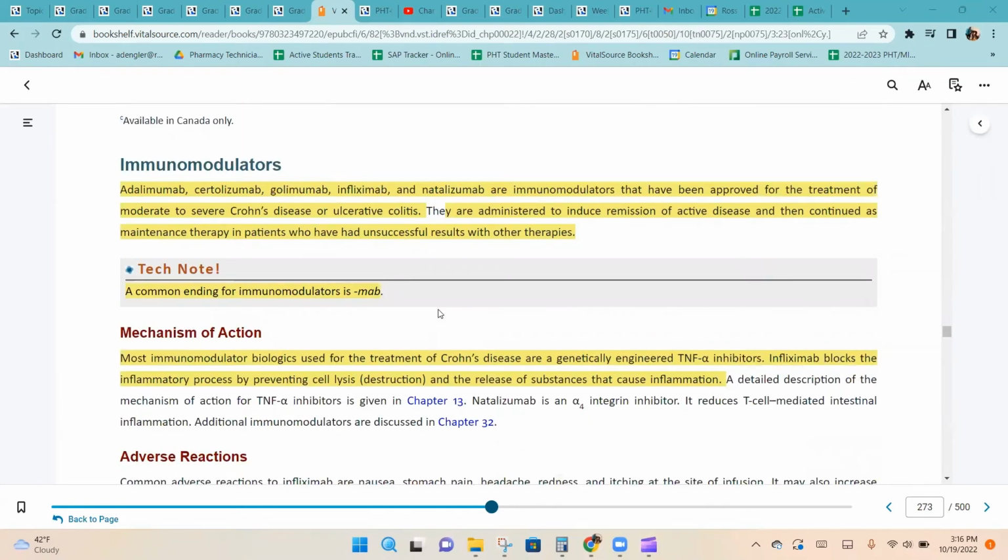Adalimumab, certolizumab, golimumab, infliximab, and natalizumab are immunomodulators that have been approved for the treatment of moderate to severe Crohn's disease or ulcerative colitis. They are administered to induce remission of active disease and then continued as maintenance therapy in patients who have had unsuccessful results with other therapies. Common ending for immunomodulators is MAB.